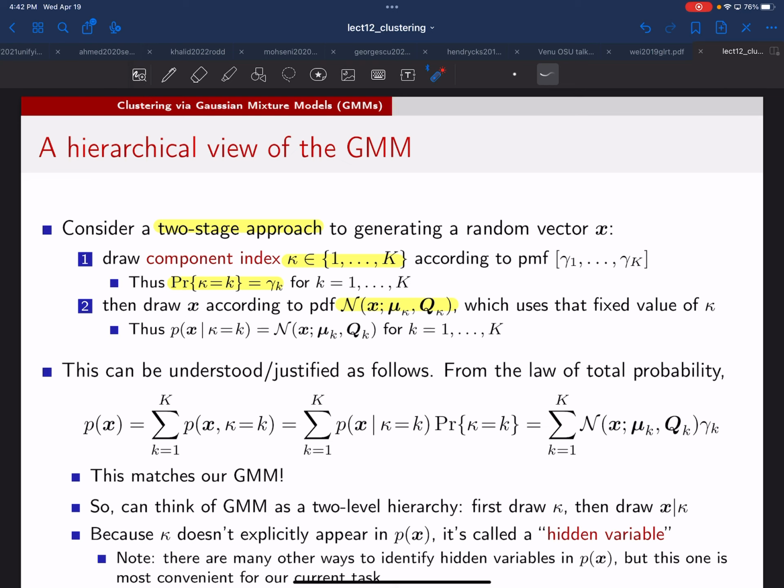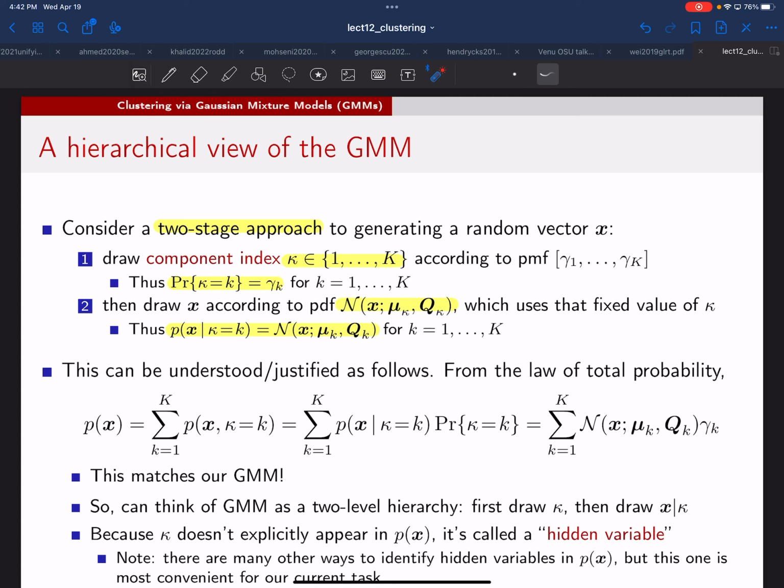I won't go into those details, but basically we're splitting this thing into two simpler steps. And explicitly, you would say the probability density of X, given that it came from kappa equals K, that it was generated from the kth mixture component, is Gaussian with these parameters. Okay, so that's a way to break this up.